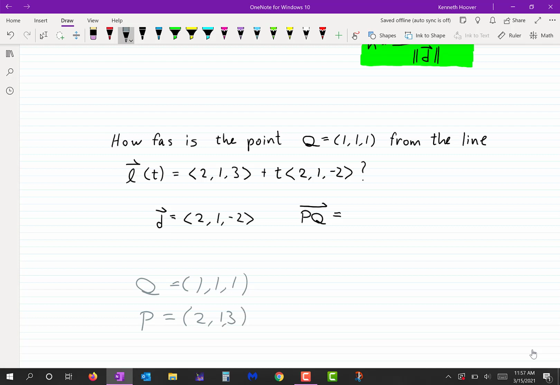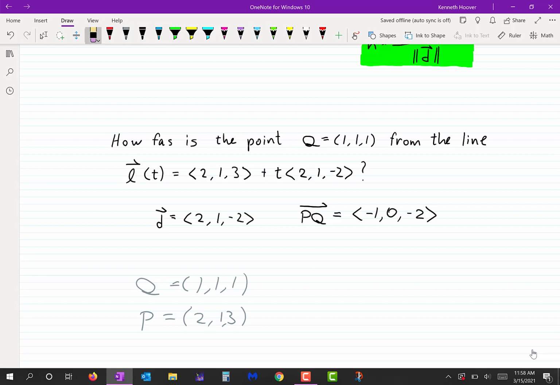So the vector PQ is the vector from 2, 1, 3 to 1, 1, 1. In other words, what do you add to 2, 1, 3 in order to end up at 1, 1, 1? The answer is negative 1, 0, negative 2.